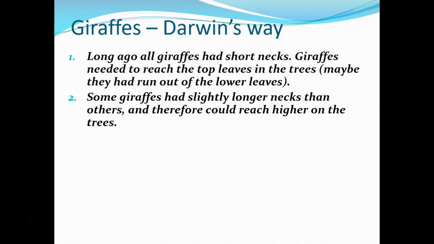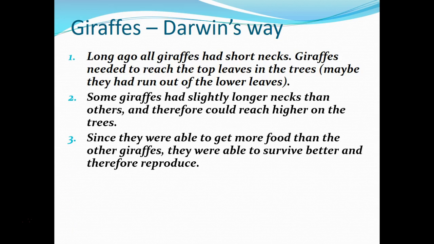Well, some of the giraffes in the population, because of things like crossing over, independent assortment of alleles, and sexual reproduction, had just a little bit longer necks than the other giraffes, and they could outreach some of those leaves that were higher on the trees, did so, and were able to get more food and had a better survival rate than some of the shorter necked giraffes.